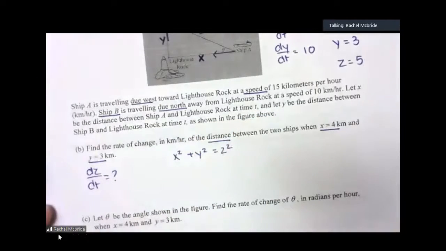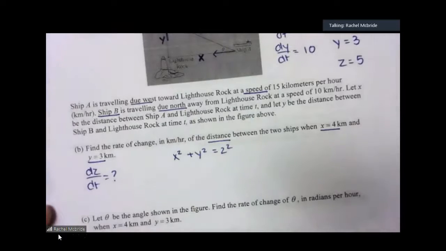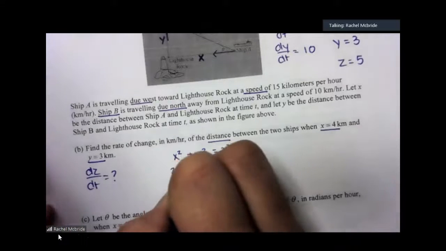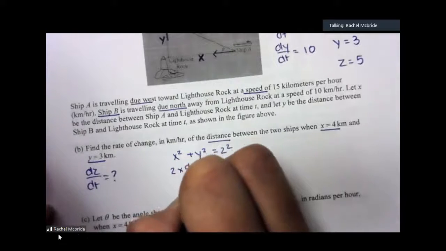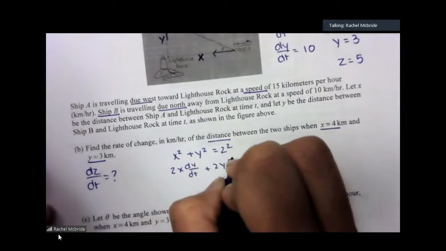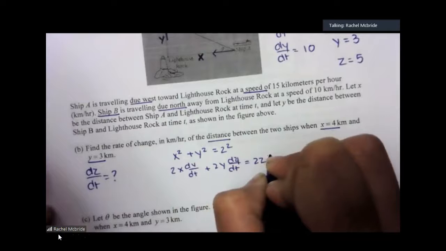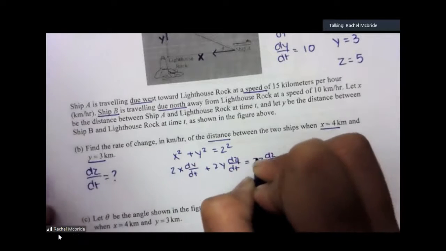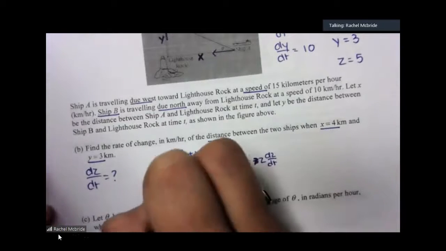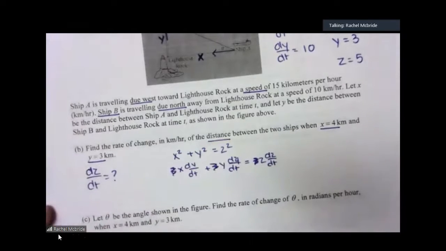So you have x squared plus y squared equals z squared. So 2x dx dt plus 2y dy dt equals 2z dz dt. So these are the questions where all the 2's could cancel.